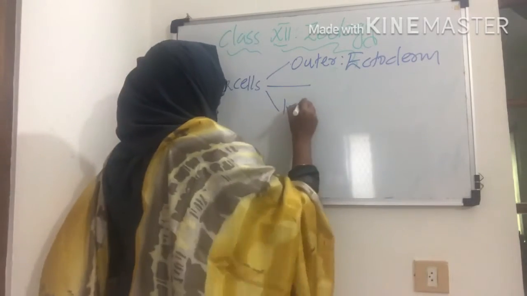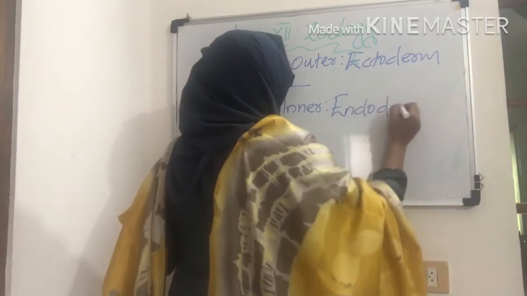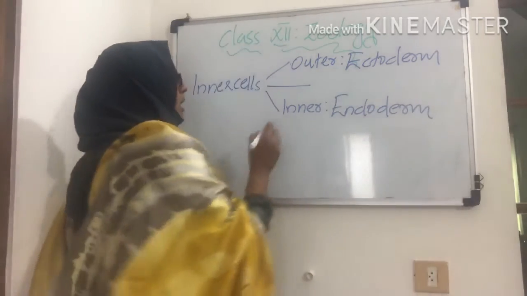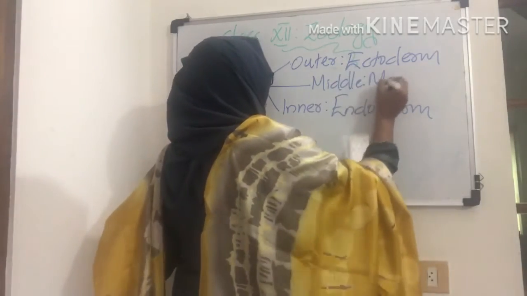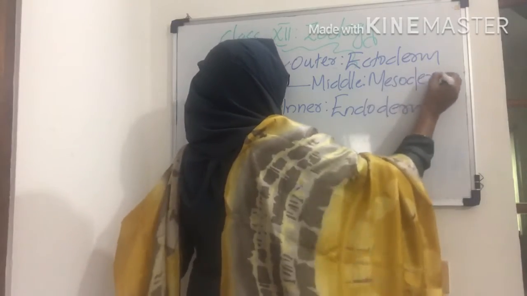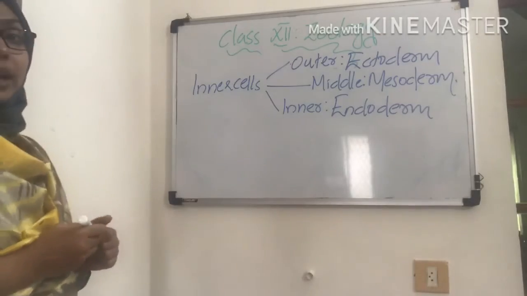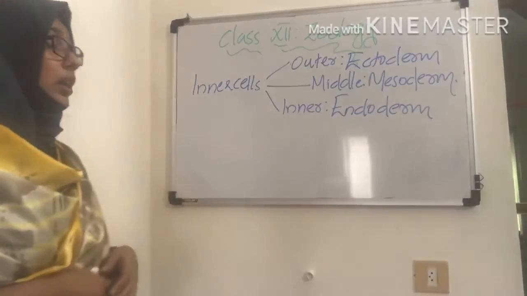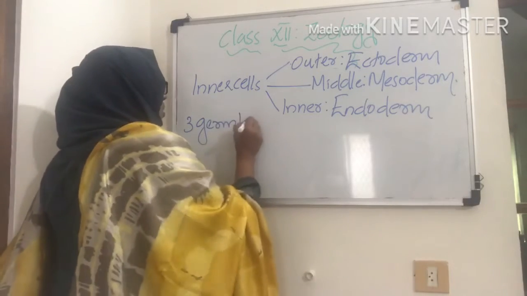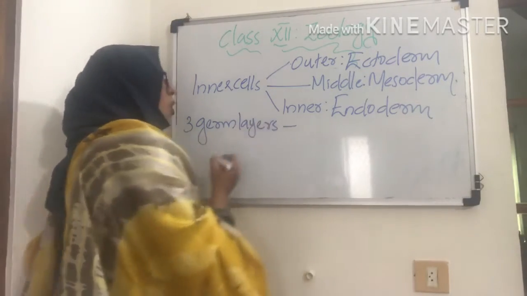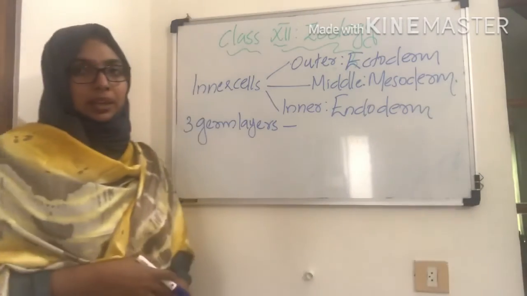The inner layer is known as endoderm. And the middle layer is known as mesoderm. Clear? The middle layer is seen between the outer layer and the inner layer. So these 3 form the 3 germ layers and give rise to all tissues and organs that are necessary for the baby's development.